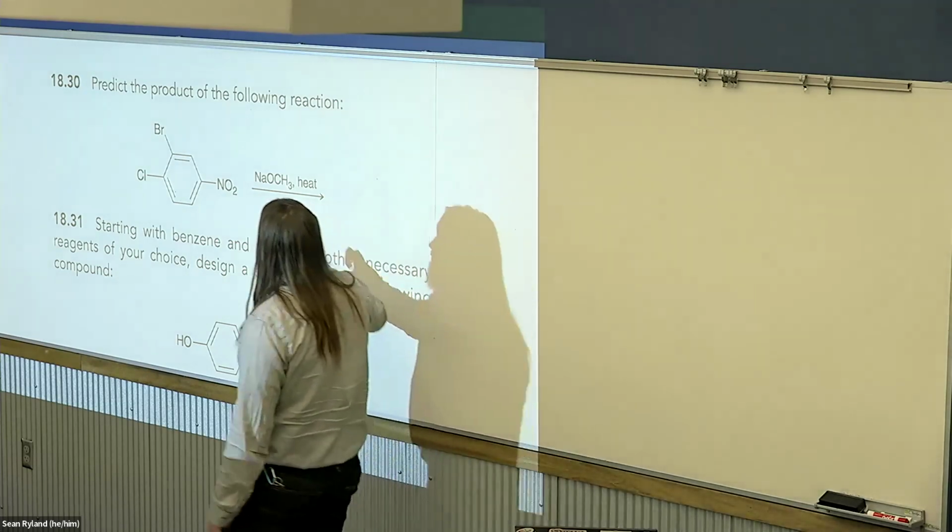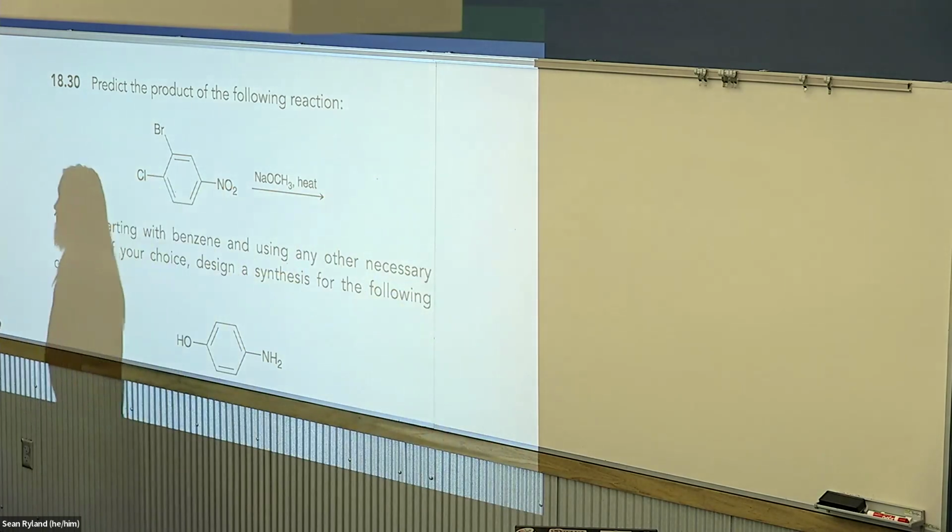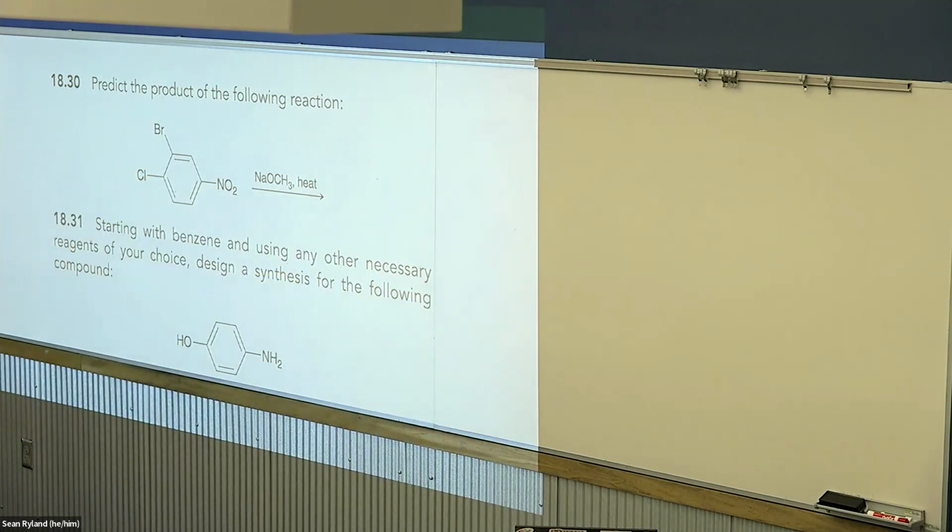So here's a good example. Strong electron withdrawing group, strong nucleophile and heat. What's our product going to be?